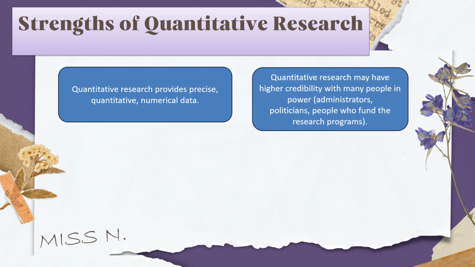Another thing here is that quantitative research may have higher credibility with many people in power, like the administrators, the politicians, people who fund the research programs. A quantitative research can lay down the expected results of its research proposals that can attract the funding agencies to give funds to the research proposals.